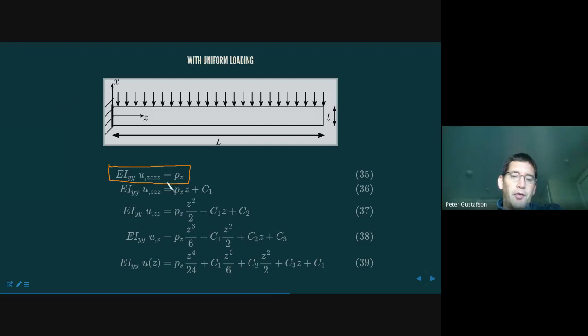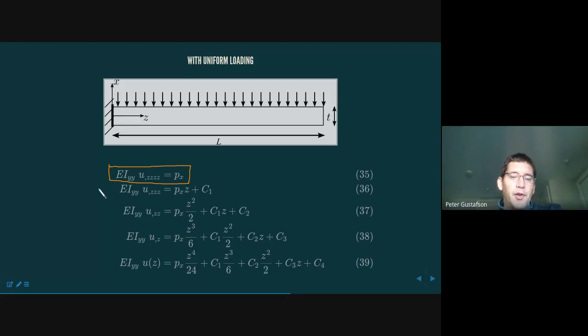So how do we solve this differential equation? Well, life's pretty easy in this case, obviously set up to be a very easy first demonstration of beam theory. To solve these equations, we have a fourth-order differential equation, fourth-order derivative equal to a constant. We simply then integrate.